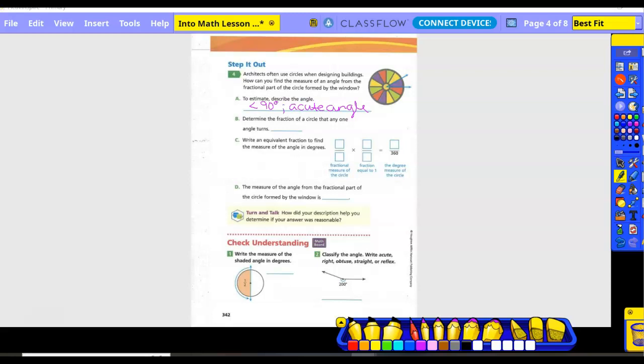Okay, determine the fraction of a circle that any one angle turns. Okay, so basically, how many total pieces are there in that circle? 12. So our one angle represents 1/12 of that circle, right, guys? So write an equivalent fraction to find the measure of the angle. So we have 1/12. What do I have to take times 12?